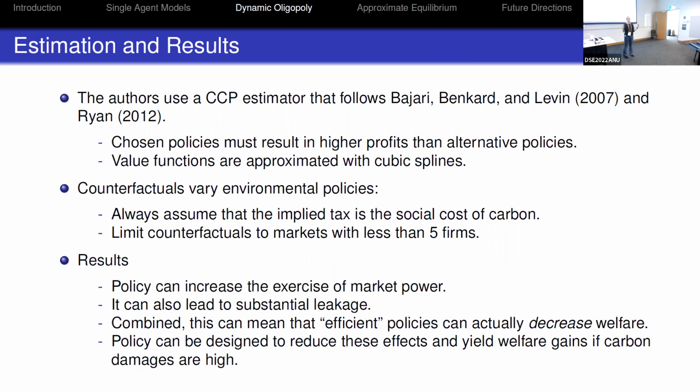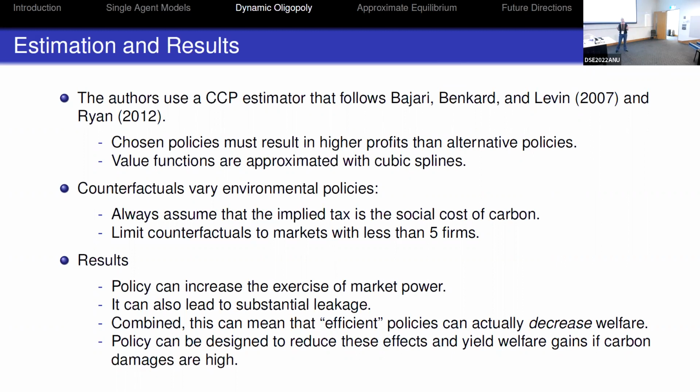This is not what I teach my undergrads in environmental economics, right? The whole point here is you want to internalize the externality. But when only part of the industry is covered by the policy, and when firms are competing in not perfect competition, that result breaks down.